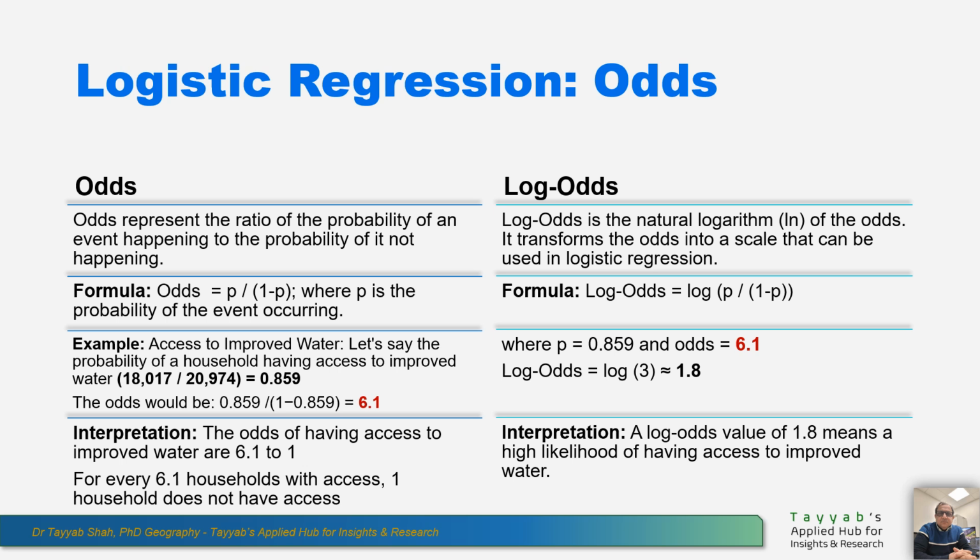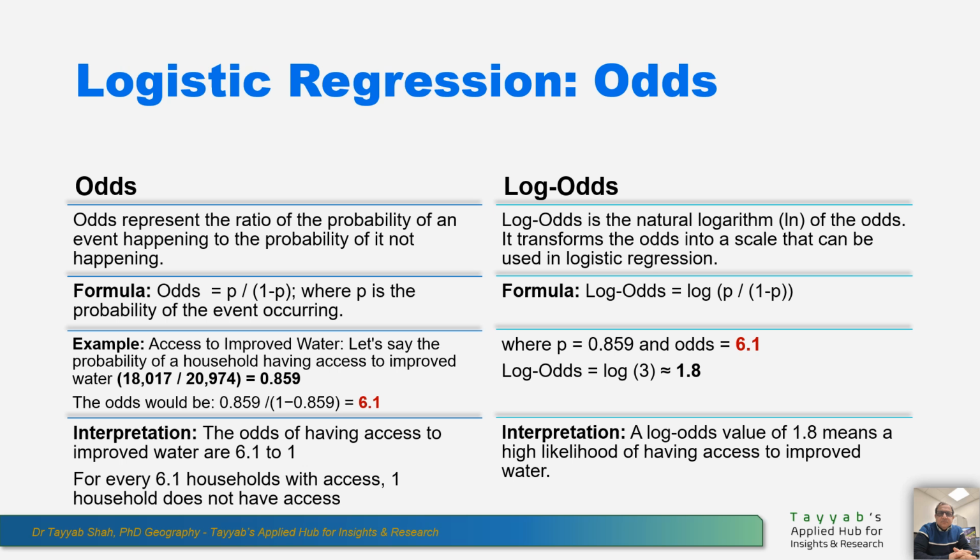In other words, the odds of having access to improved water sources are 6 to 1: for every 6.1 households with access, one household does not have access to improved water sources.